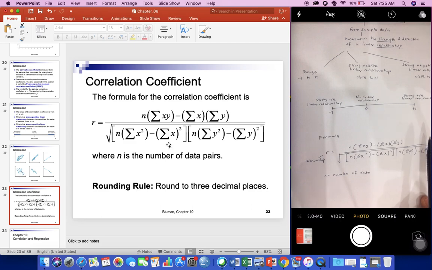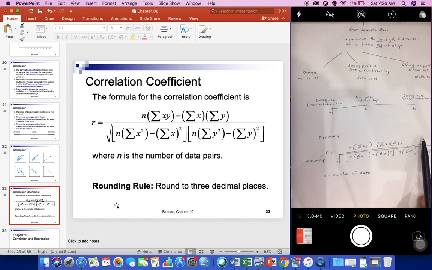But here you sum up all the values of x first, and then power of 2. The same goes for y. So remember: here you square first and then sum, but here you sum first and then square.